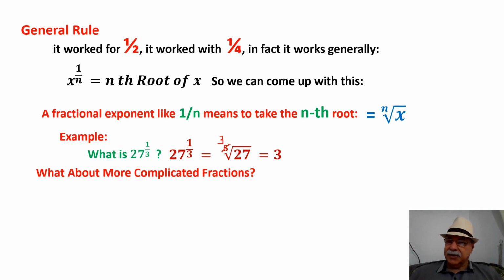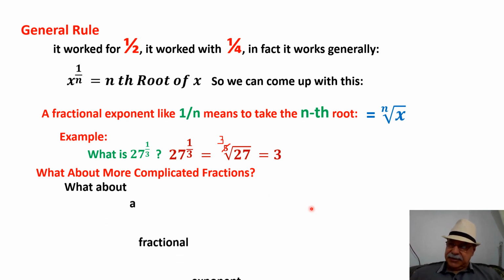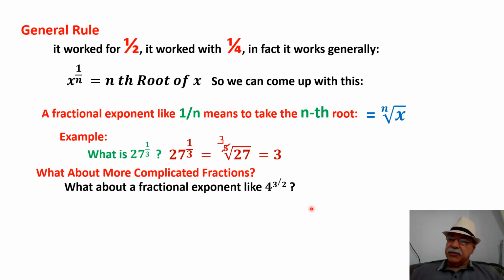Sorry about this mistake, it happened because I write so fast. So what is a more complicated fraction? First, this 3 means the result of the cube of 27: 3 times 3 is 9, 9 times 3 is 27. You see that.